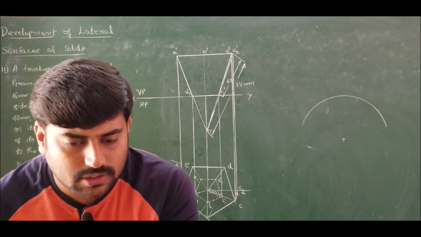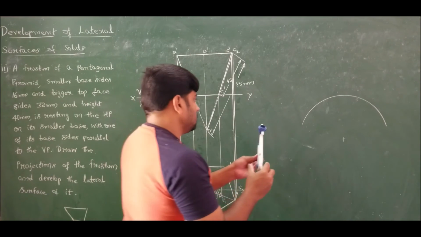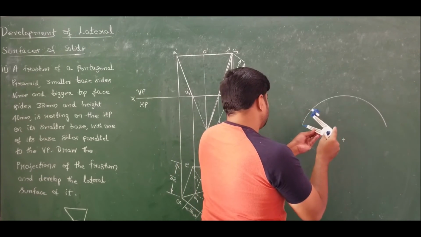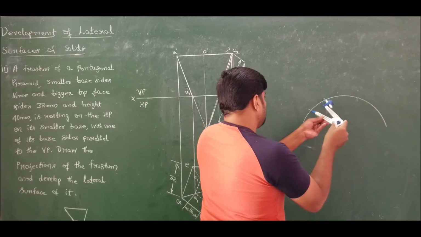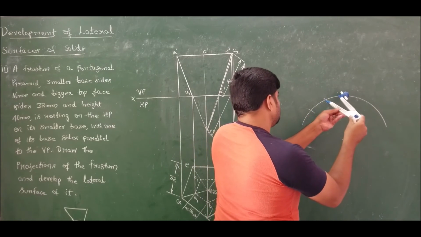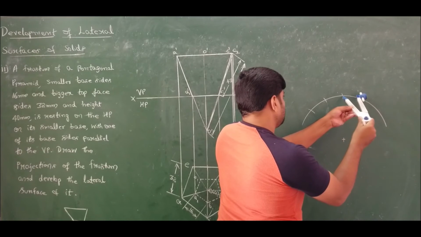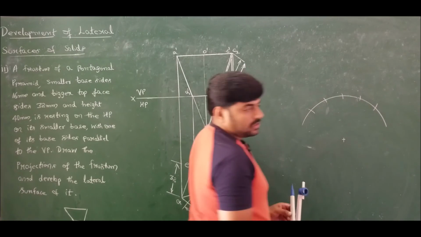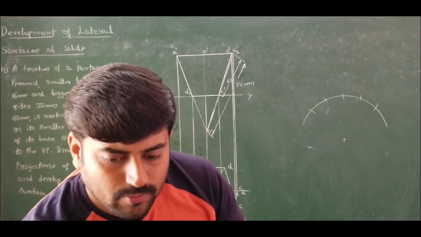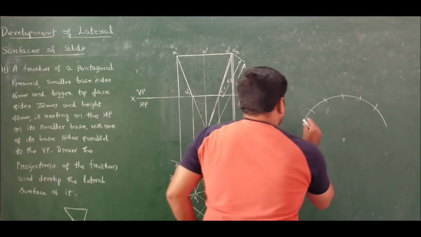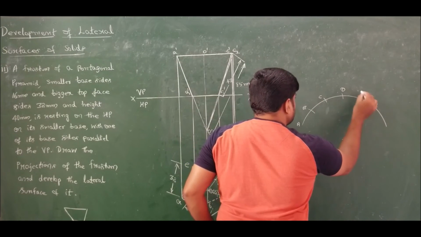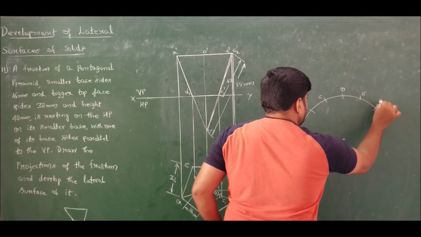Measured. Cut equal arcs at equal intervals, five for pentagonal: 1, 2, 3, 4 and 5. Done. Now connect these points, that is, this is A, B, C, D, E and A.